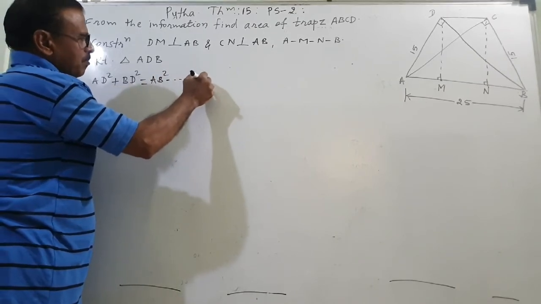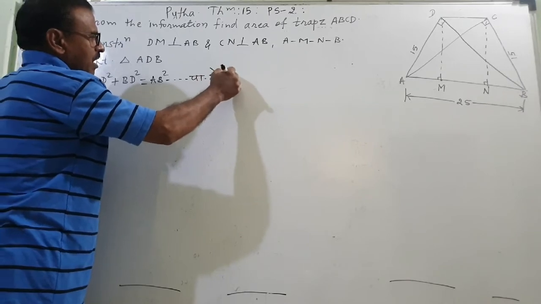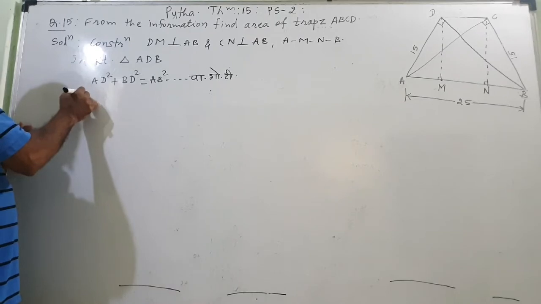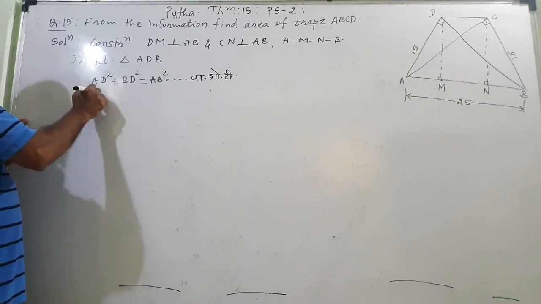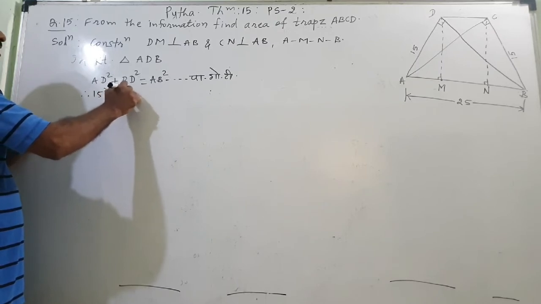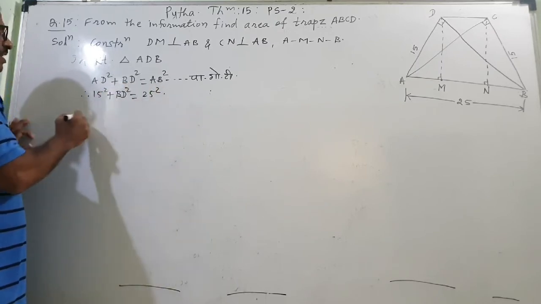Reason: Pythagoras theorem. Therefore, AD is how much? 15. 15 square plus BD square, don't know, is equal to AB, AB is 25, 25 square.